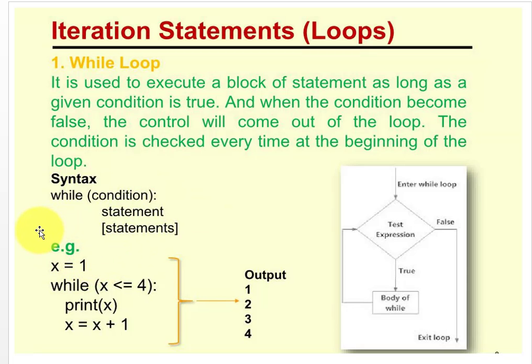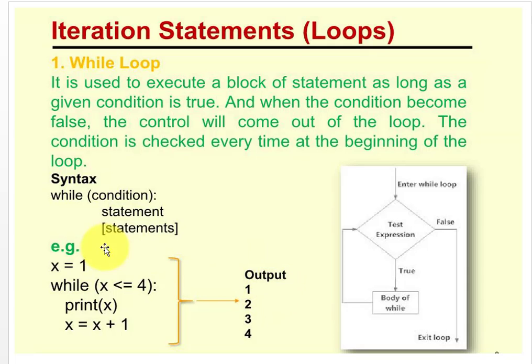Now I am creating a program. I want to print the numbers 1 to 4. This is the output you can see: 1, 2, 3, 4. I want to create this program with the help of the while loop. So how can you create this?